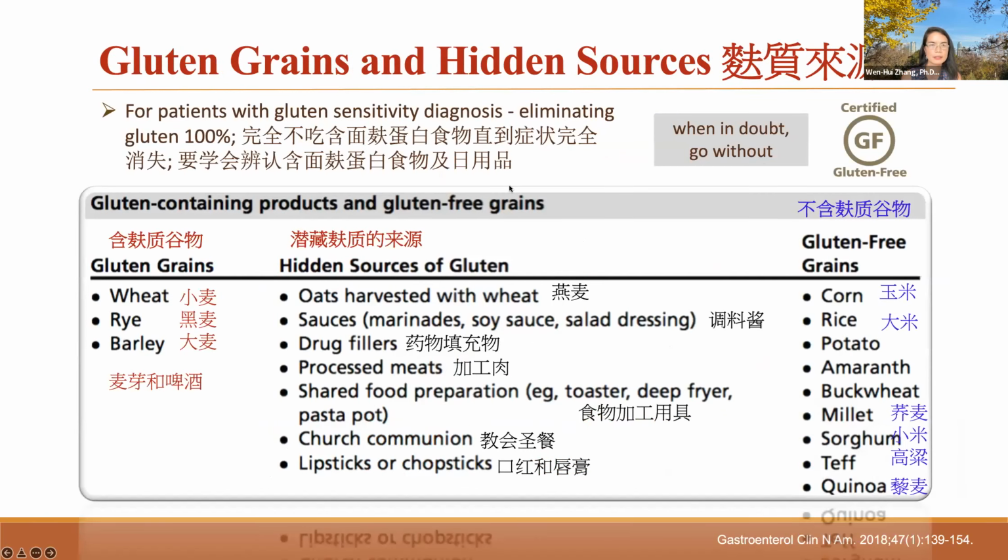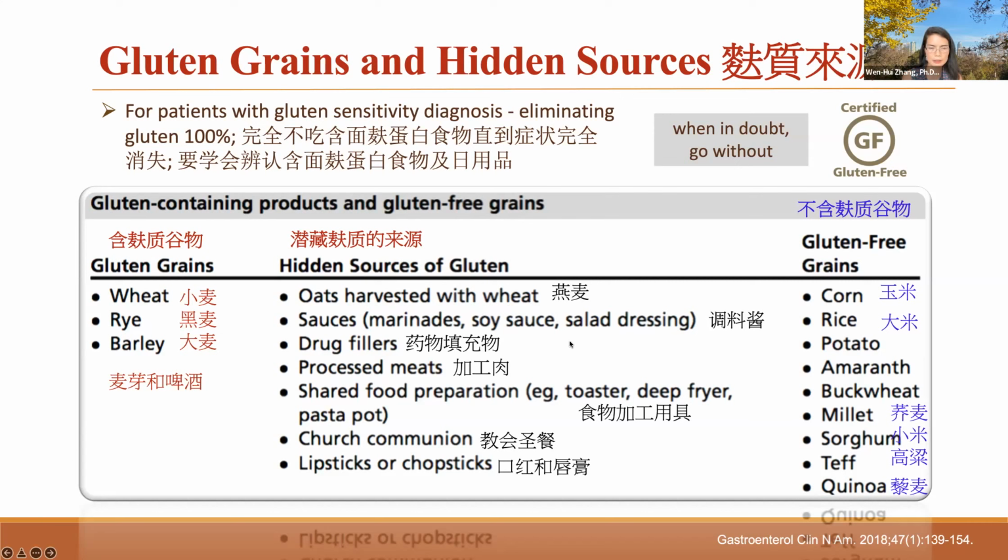And gluten is not only in wheat, rye, and barley, it can also be in oats. Oats usually have contamination in the field or in manufacturing, contaminated with wheat. So oats may or may not have gluten, but it could be a source.